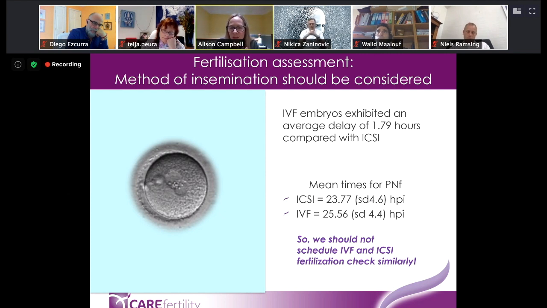So it doesn't mean we need to check at 25 hours. It just means to say that there is a delay. And so we should not really schedule IVF and ICSI fertilization checks similarly. So it is time to update the Istanbul consensus, and it is time to make sure we check for fertilization in ICSI embryos earlier than we do for IVF.